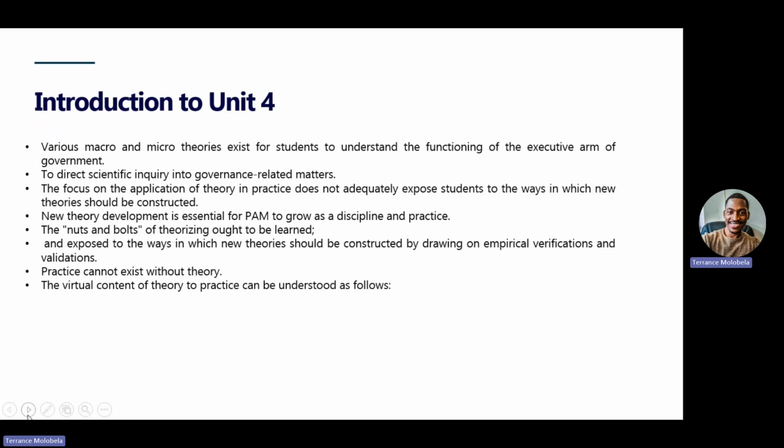So in most cases, when we talk about new theories being developed, in most cases it emanates from public administration maybe failing to meet certain expectations, or maybe trying to allow public administration to survive in a certain setting.